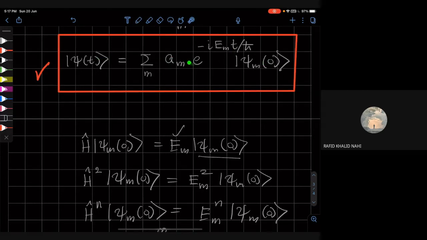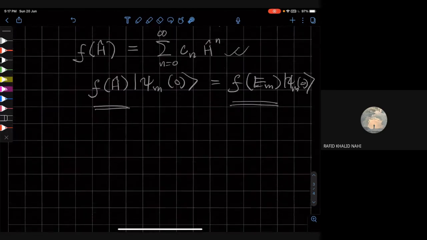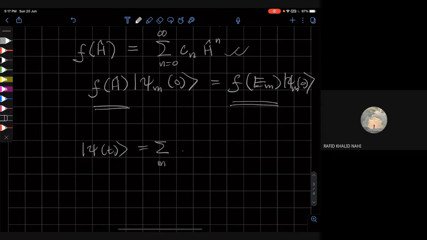Now here we have a power series. So what we can do is replace that by, say, psi of t equals the sum over m of a_m e to the power minus i, and where we had E_m, now we have H t by h bar, and this is acting on psi of 0.